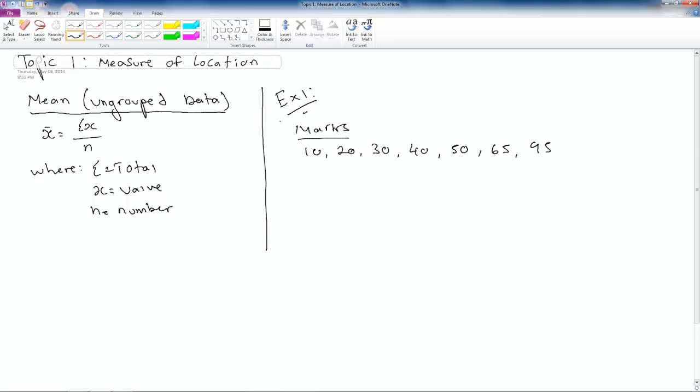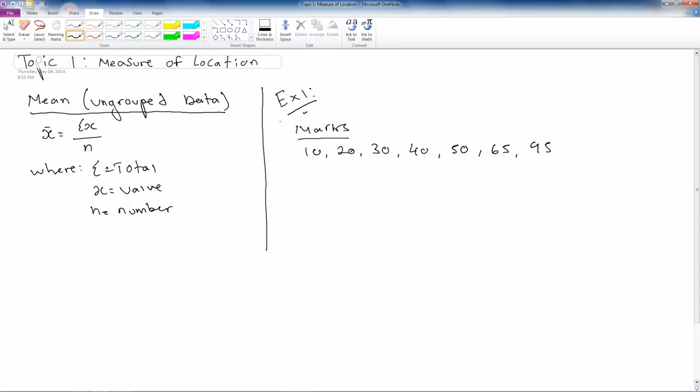It is simply randomly picked from the data, and then we calculate an average in the data. Okay, that's called mean ungrouped data. Mean means it's an average, and ungrouped data means it's not classified into groups. It's just randomly picked from the data.